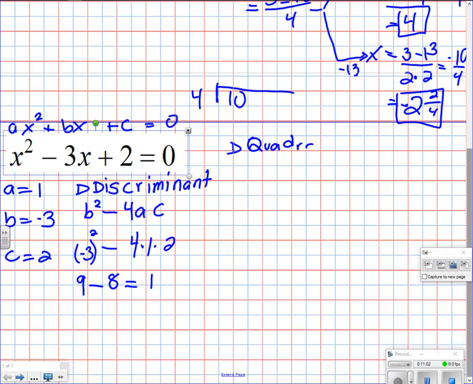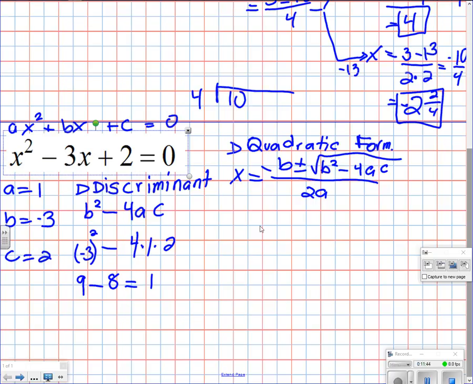Quadratic. I'm going to abbreviate formula. That'll be form. So the answer will be, and the quadratic formula is the x value will be equal to negative b plus or minus square root of the discriminant, and the discriminant is b squared minus 4ac, all over 2 multiplied by a, 2a.